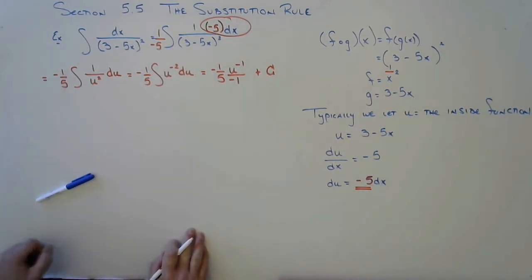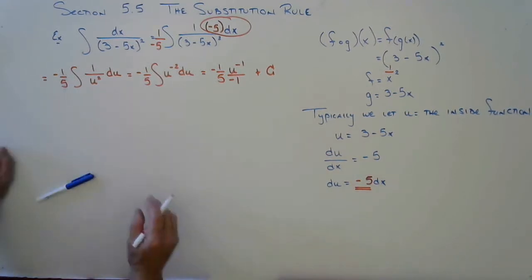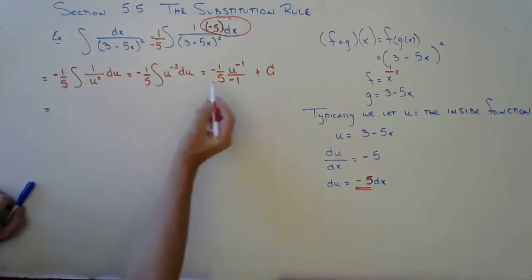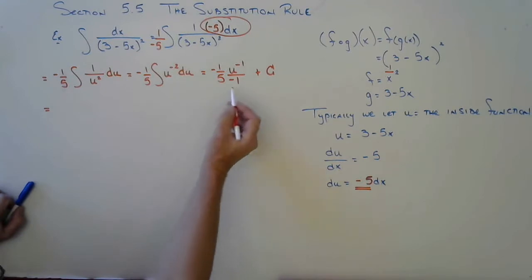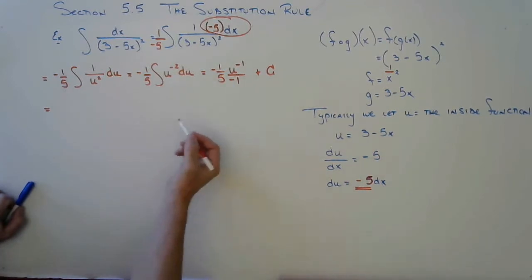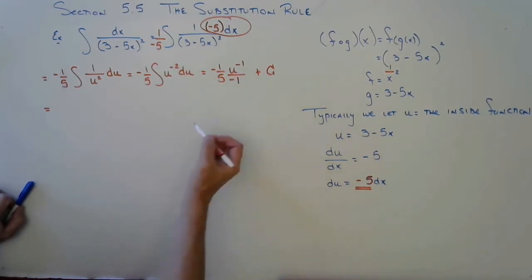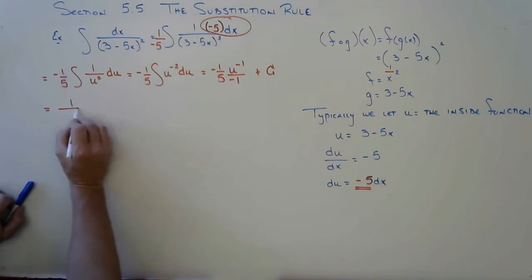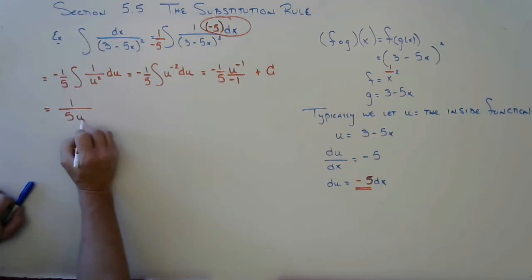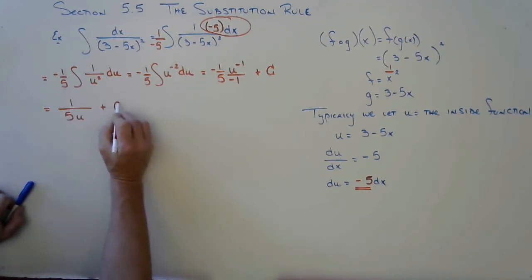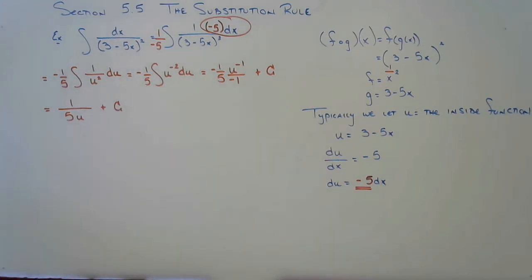Now, if we simplify it, negative times negative is a positive. U to the negative 1 goes on the bottom. So I have 1 over 5u plus c when I get all done. Now, done there is relative, because we're not done.